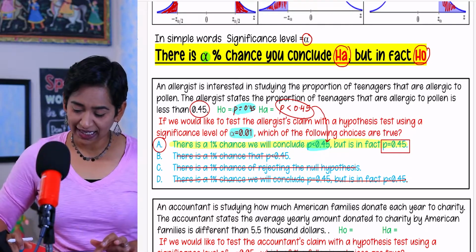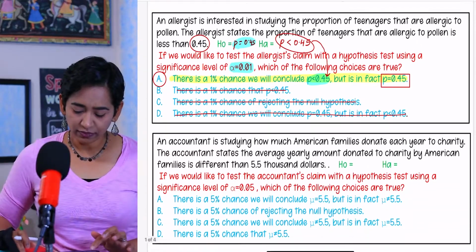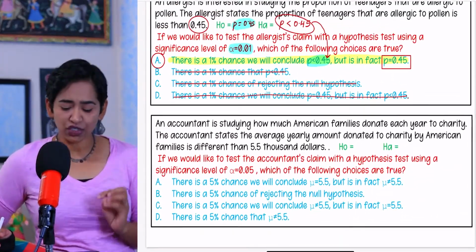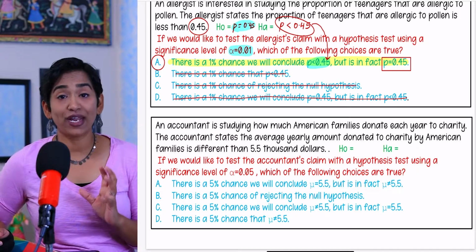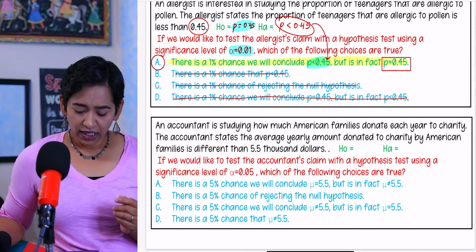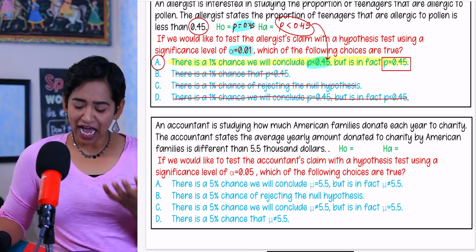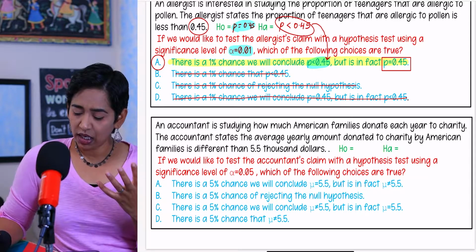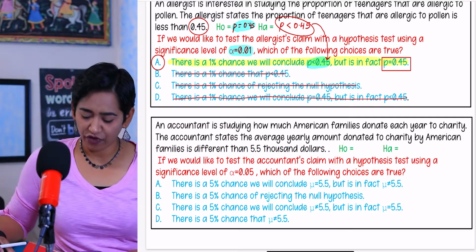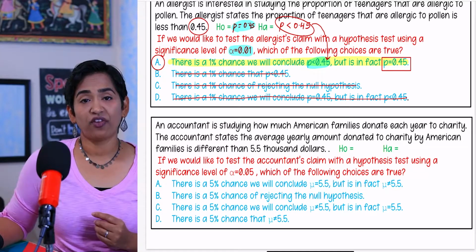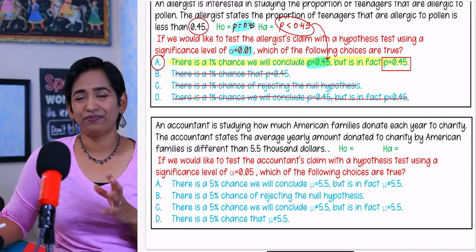Let's go ahead and take a look at the next one. Okay, an accountant is studying how much American families donate each year to charity. The accountant states the average yearly amount donated to charity by American families is different than $5,500.